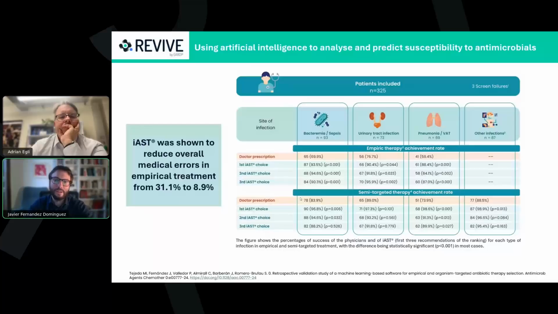So this rate of success in the doctors increased to 83% in bacteremia, 89% in urinary tract infection, and 73% in pneumonia. But the accuracy of the software, when it knows the bacteria that is infecting the patient, but not its specific antimicrobial susceptibility profile, the rate of success is higher than 95%, even close to 100% in many cases.